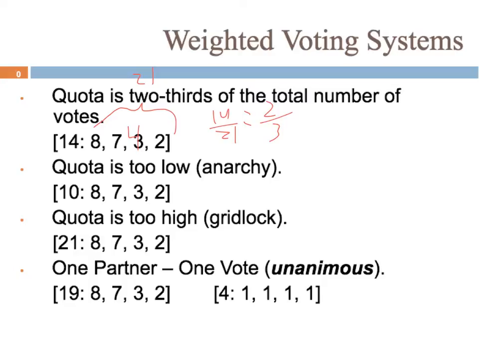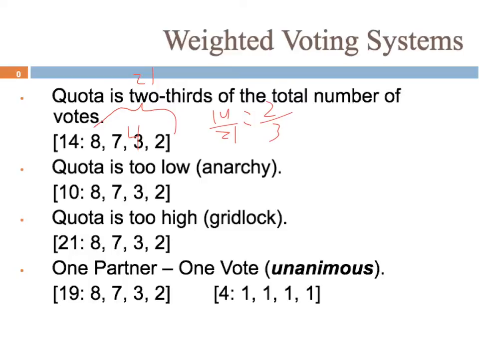Next, we have an example where the quota is too high, and that's going to be called gridlock. Okay, and you may have heard that saying before, where we're in gridlock. So when nothing can get done. Well, in this, nothing can get done. We can't pass a motion because we don't have enough votes.